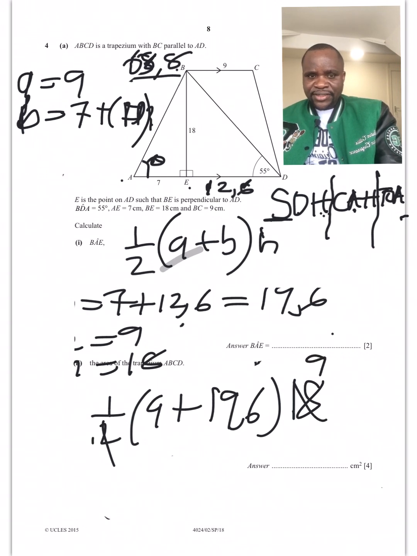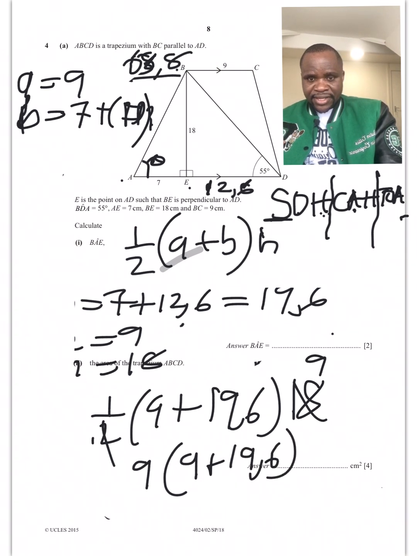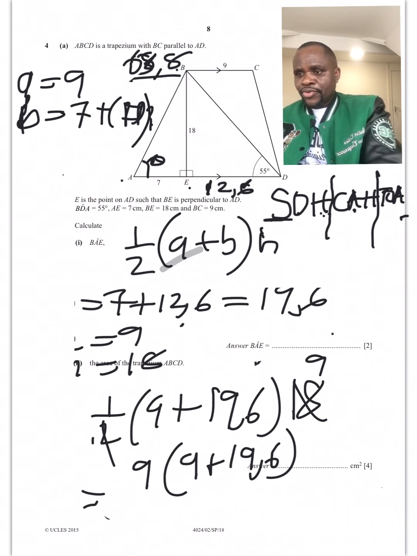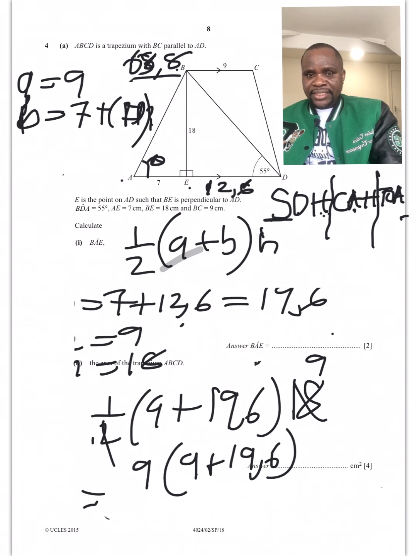This one cancels there, that's 9. So our area is 9 times, plus 19,6, which gets us to 28,6.